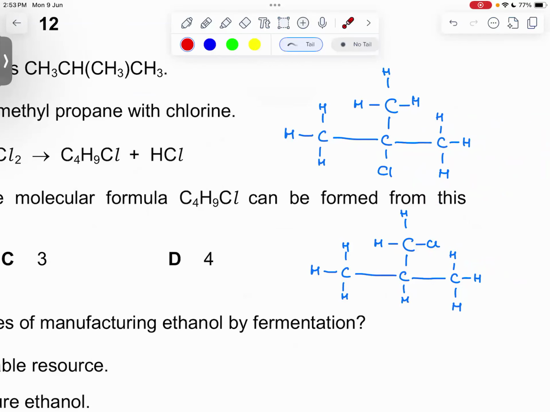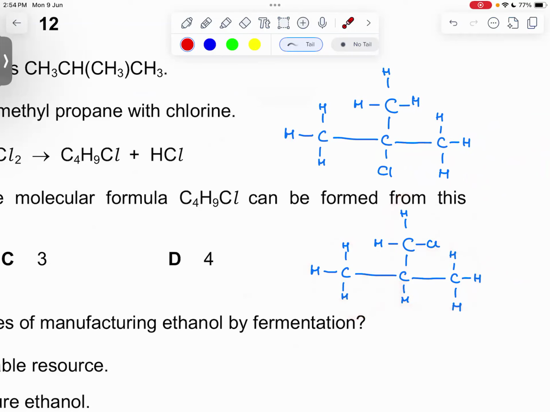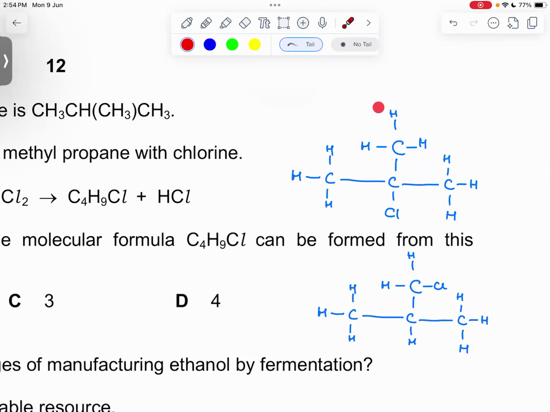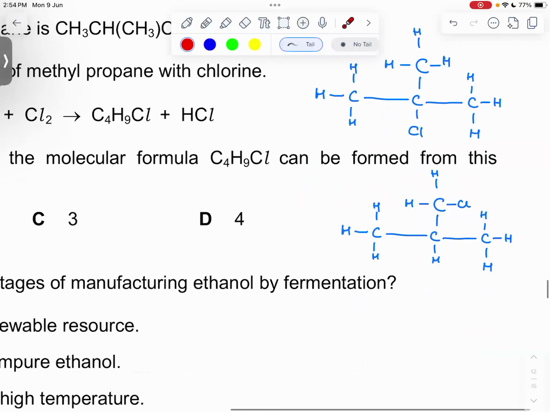This structure would be named 2-methyl-1-chloropropane, because there's a methyl group on the second carbon and chlorine is on the first carbon. And this one would be called 2-methyl-2-chloropropane.